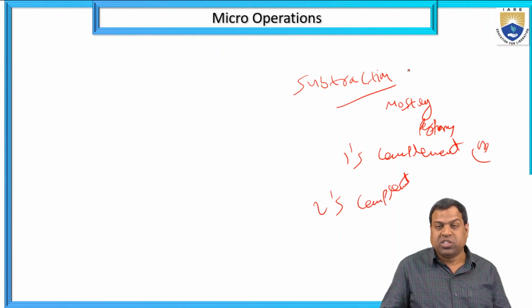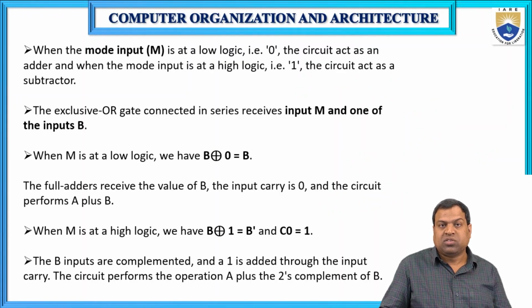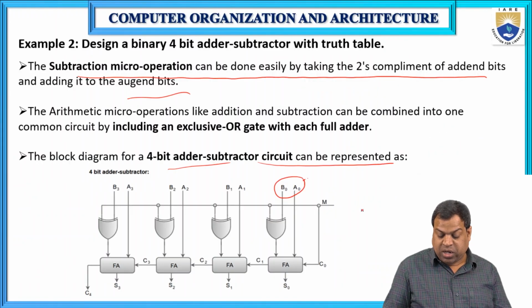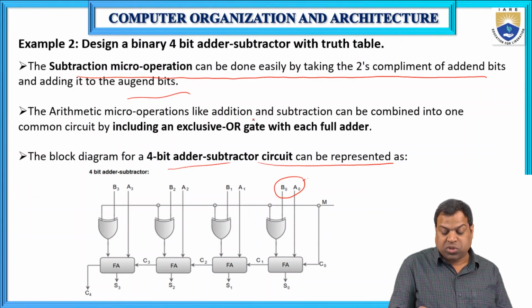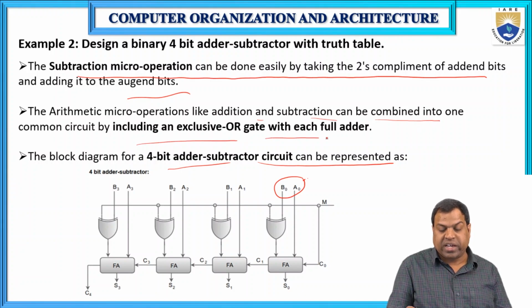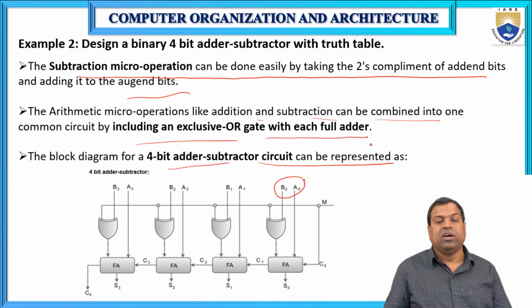Majorly for subtraction, we are using 1's complement and 2's complement. So here the arithmetic micro operations like addition and subtraction can be combined into one common circuit, including an exclusive OR gate with each full adder, and it is a 4-bit binary adder subtractor circuit.